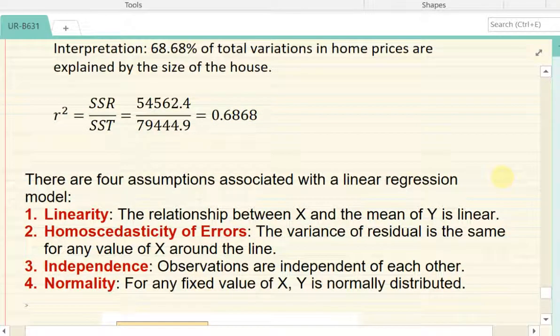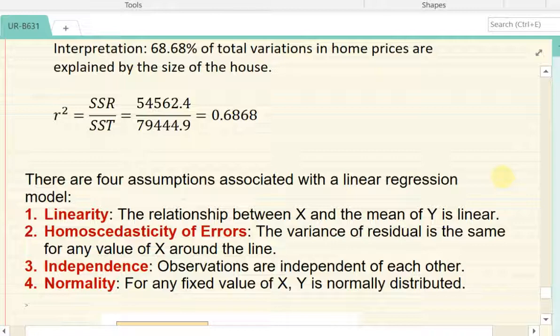Number 1, linearity. Remember, we assume that a linear relationship makes sense. The second assumption is homoscedasticity. Some call it homogeneity of errors. What that means is that the variance of residuals, remember the difference between observed and predicted, is the same for any value of x around the line.